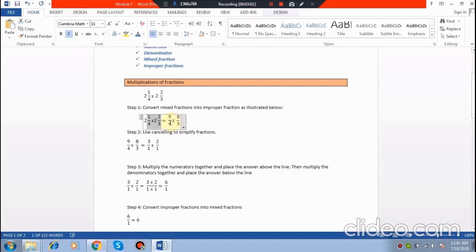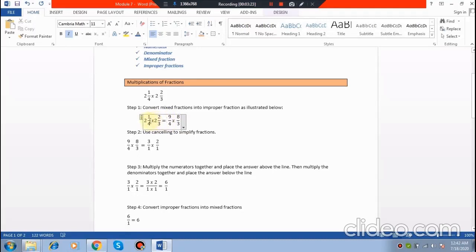So how do we do this? If you take 4 times 2, that gives you 8, plus 1, and you get 9/4. So 2¼ is converted into an improper fraction here. Please take note of where my mouse is.